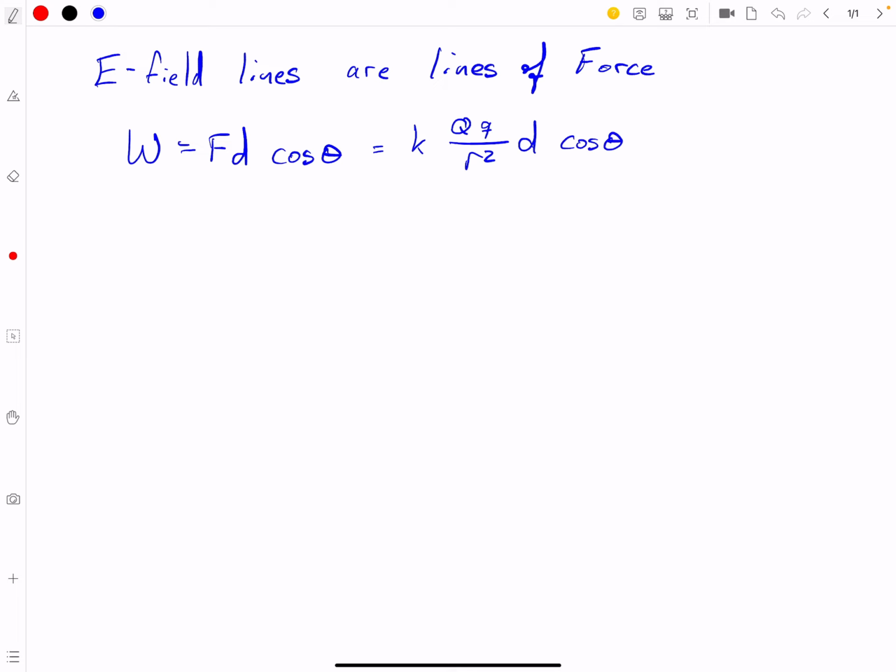F and D are parallel to each other, so theta equals 0 and cosine theta equals 1. And our work equals QED.